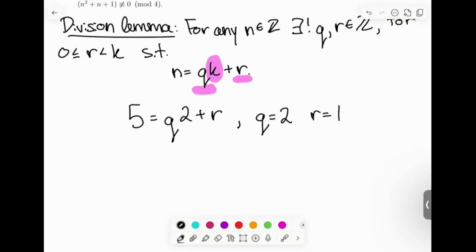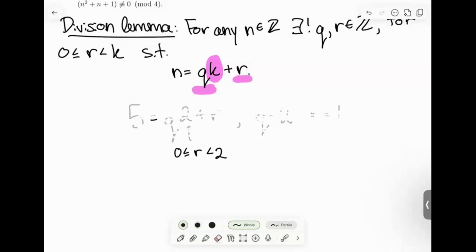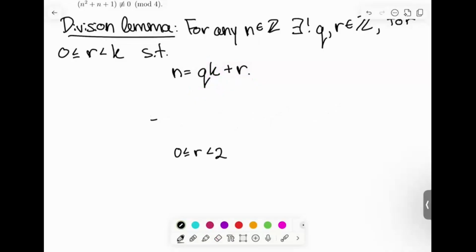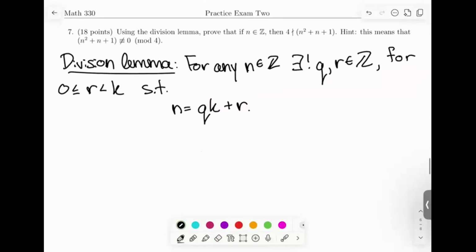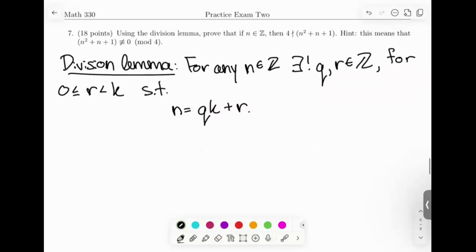And I can't have q be 0 and r be 5 because r has to be between 0 and 2. Okay. So that's just a brief reminder. So here our k is going to be 4. Okay, so let's start our proof.